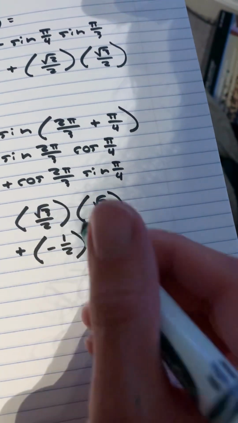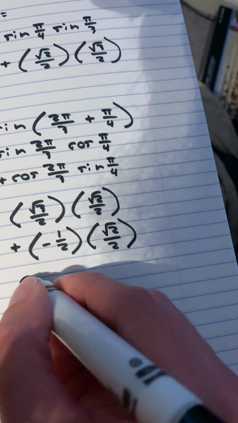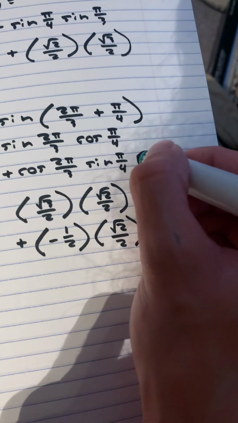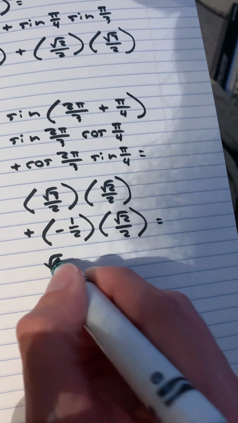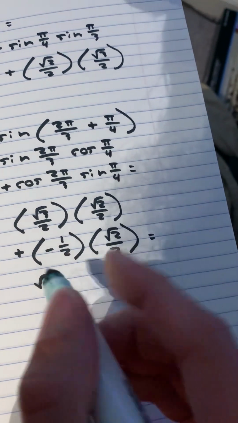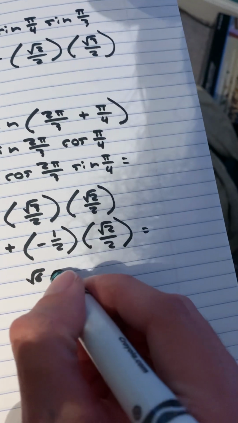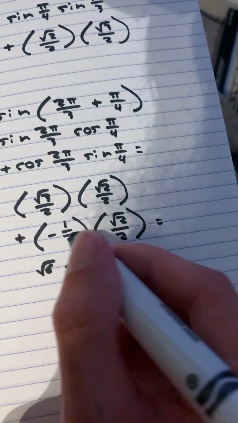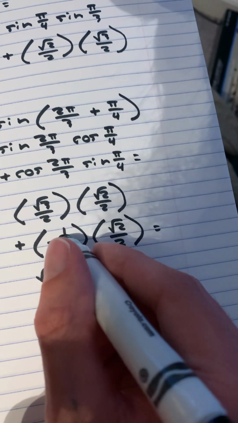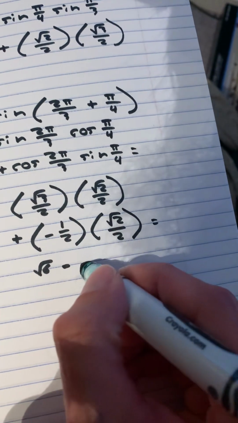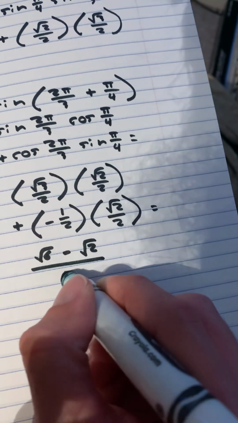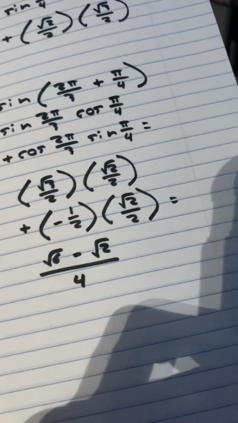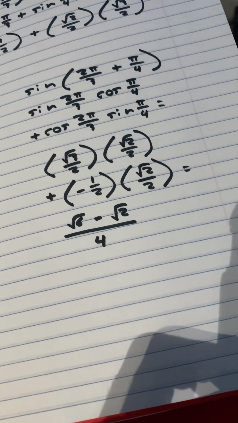And let's see. Square root of 3 times square root of 2 will give me square root of 6. And then plus and a minus change to a minus. 1 times the square root of 2 is just the square root of 2, all over 4. But let me check my work. So what do you got?